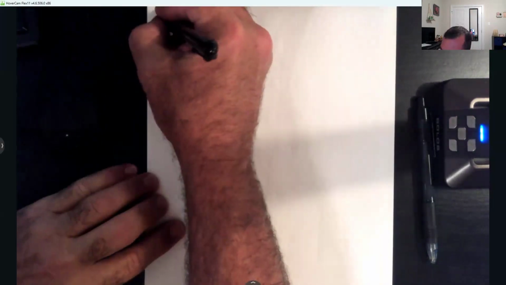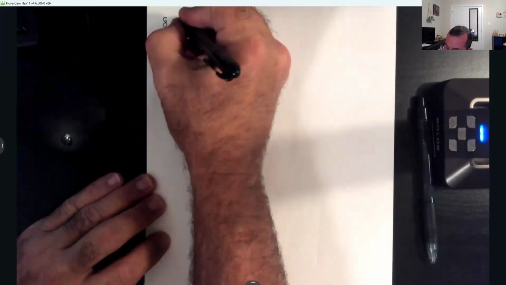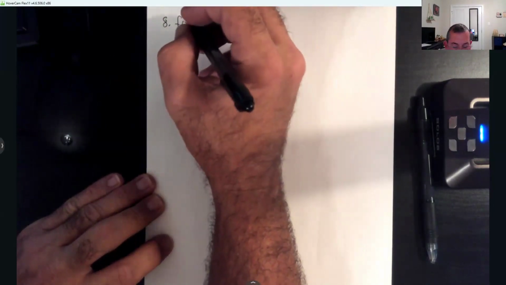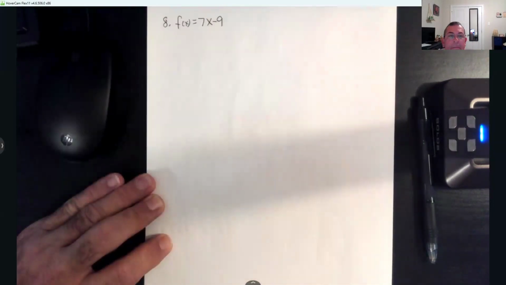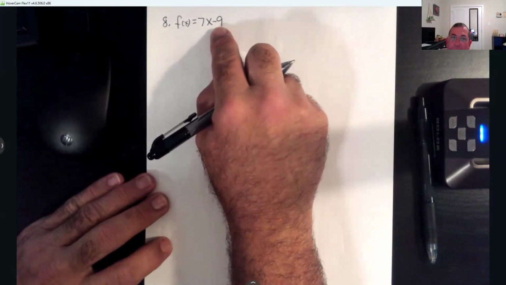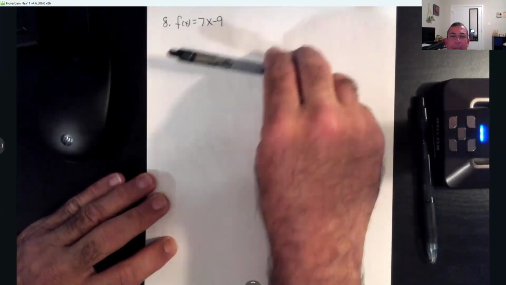So this would be number 8. They're giving us f of x equals 7x minus 9. All right, so I would say if you graph this, it's another straight line going uphill to the right, but it would definitely be 1-to-1.